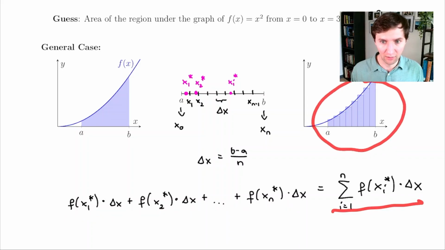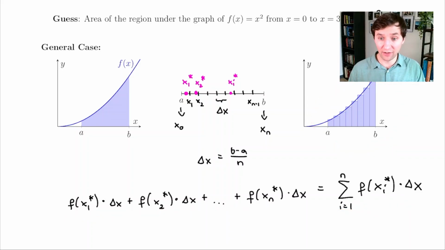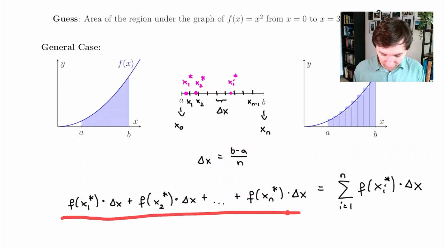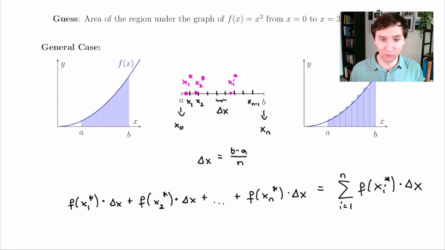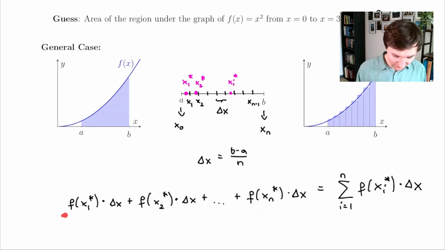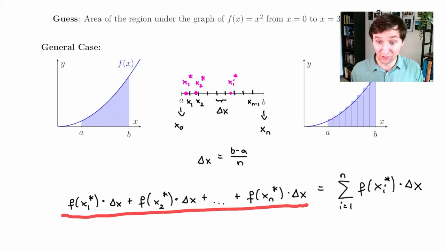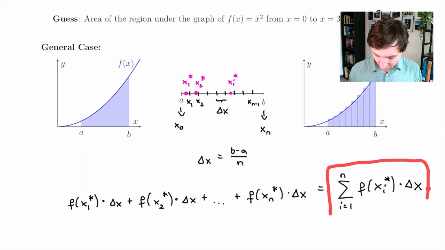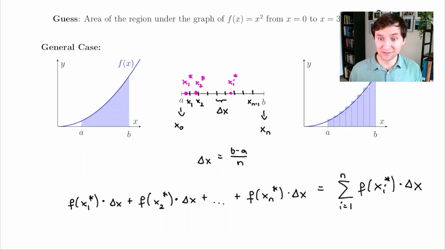We want to get better and better approximations, which means we want to have more and more rectangles. In other words, we want this number n to go to infinity, which means we want to take the limit of this expression as n goes to infinity. Because this expression can be written in a shorter way, what I want to compute is the limit as n goes to infinity of this expression.